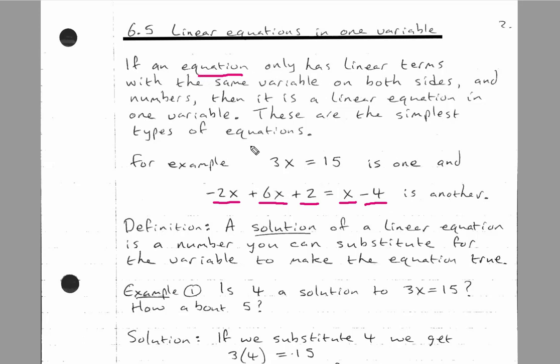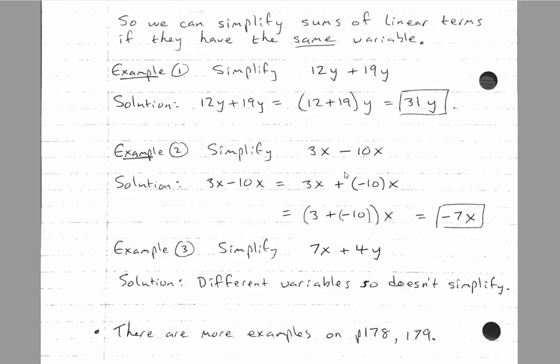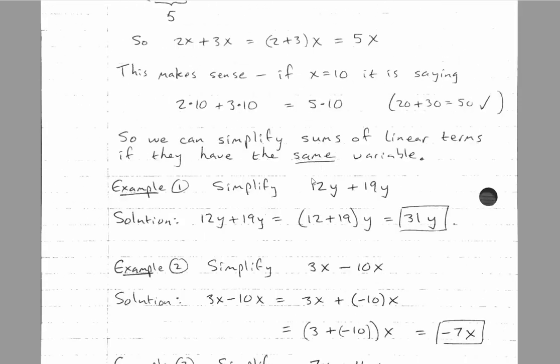So this is an equation now, so that's different from what we've been looking at. It's got an equality symbol. What we were looking at in the previous section, something like this, is not an equation. There's no equality here. It's just a piece of algebra.